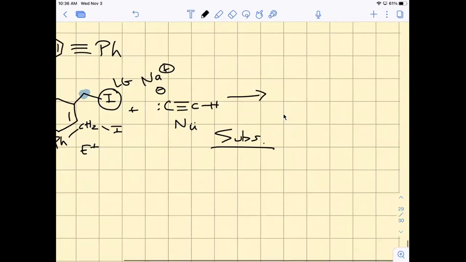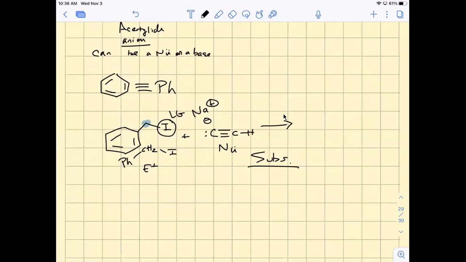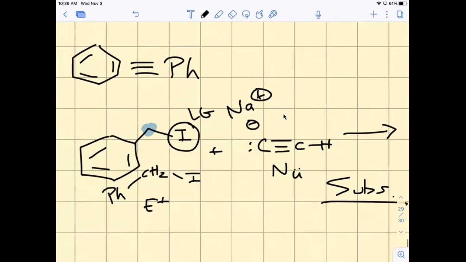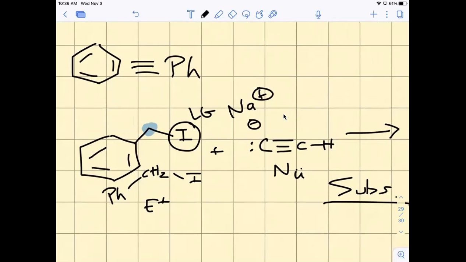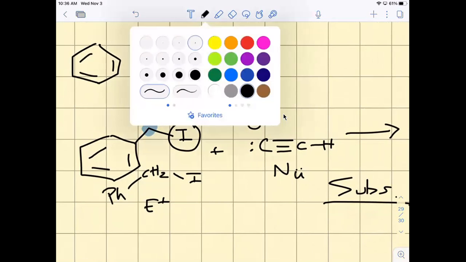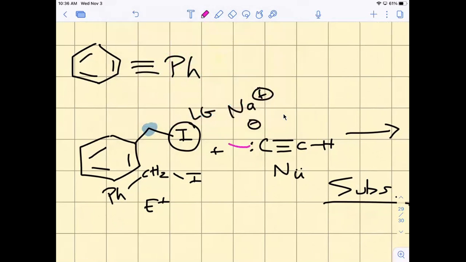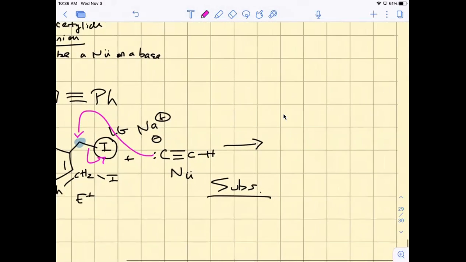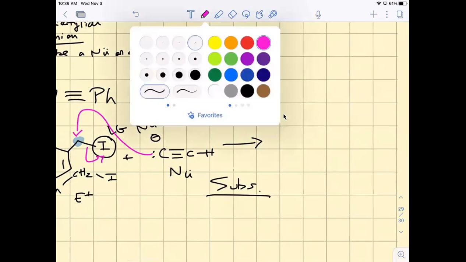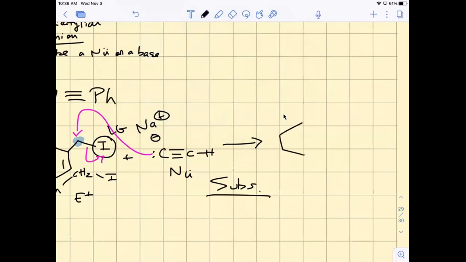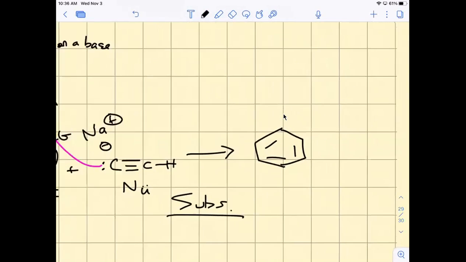Right? It's a substitution. So I'll have this nucleophile attacking. I'm going to change the color of my arrow so you can see it. It's going to attack here. Boom, like that. And I'm going to lose iodine. What type of substitution is that on that primary carbon?